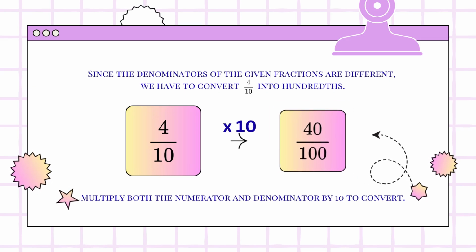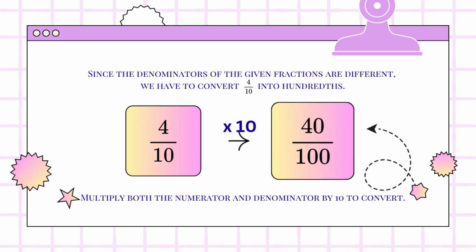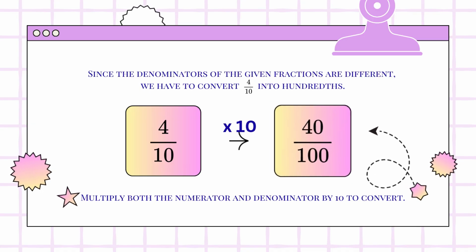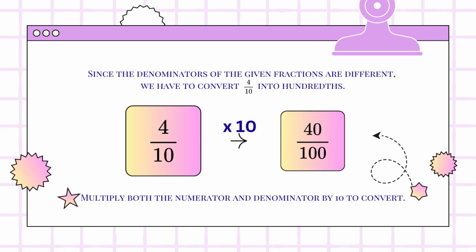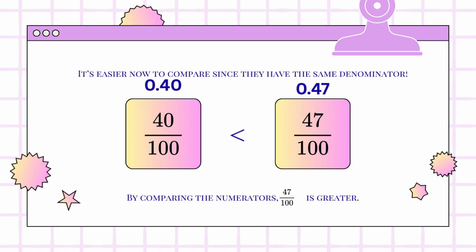Convert 4/10 to hundredths by multiplying both the numerator and denominator by 10, giving you 40/100. Now you can easily see that 40/100 is less than 47/100 because 40 is less than 47. Therefore, 47 hundredths is greater than 4/10.